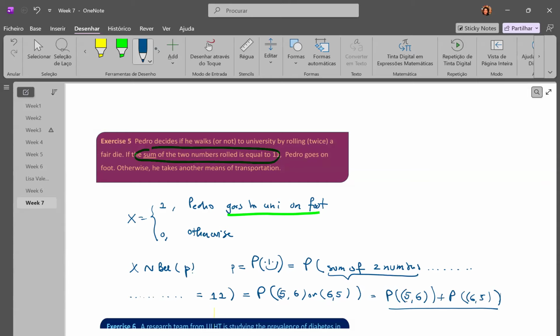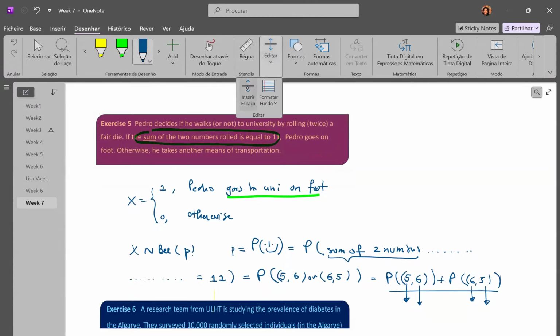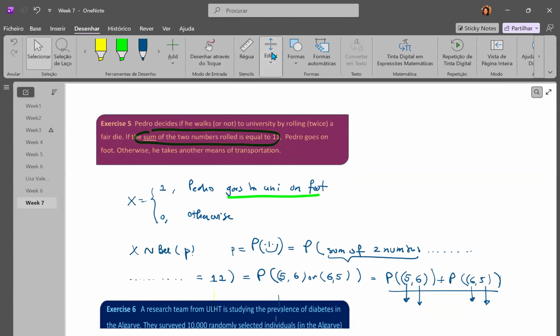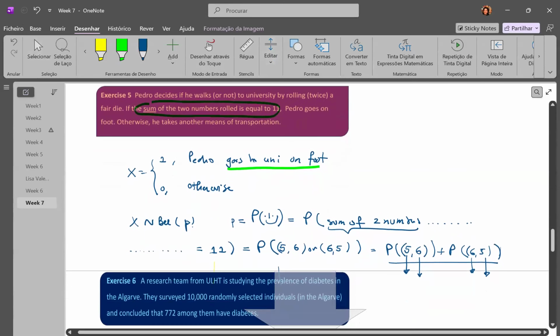We are saying that this is the number that comes from die 1, and this is die 2. They cannot occur at the same time. It's impossible, right? So the probability of the union is the sum. And now we're going to think, okay, the results that we get from the first die do not impact the results that we get from the second die. Do you agree? There's no reason to believe that.